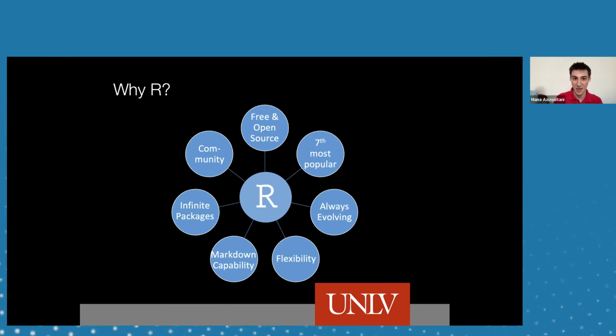Next, that also means that there's infinite packages. People are always creating a new package for R, which means a new statistical model, which means a new, more efficient way of doing the modeling. And then those packages are also moderated by people or scholars. So they're always evolving with the times. Let's say, for example, there's a new statistical technique that was created for modeling, I don't know, qualitative data.